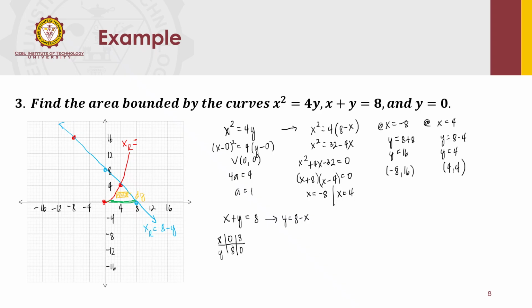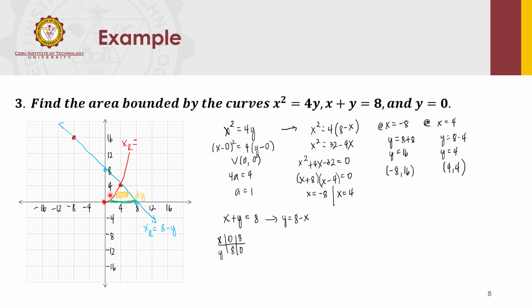Take note that it's quadratic, so there are two values, positive and negative square root of 4y, or 2 square root of y. For this right part of your parabola you have positive x values, while for the left end you have negative x values.